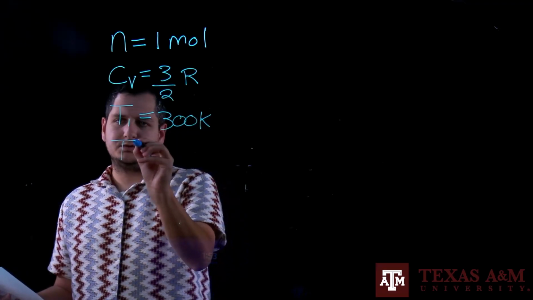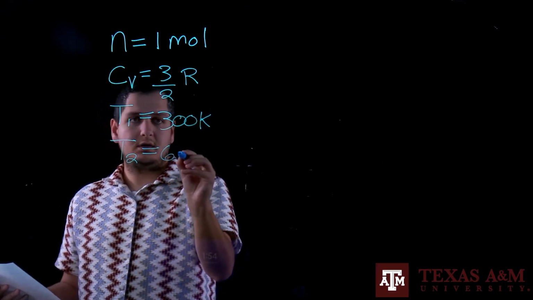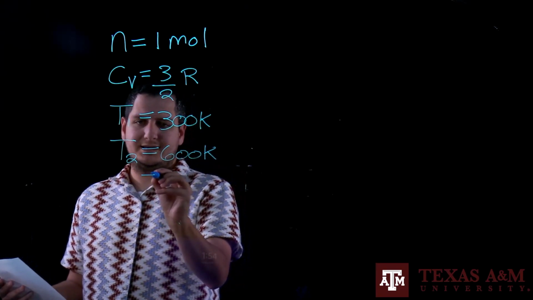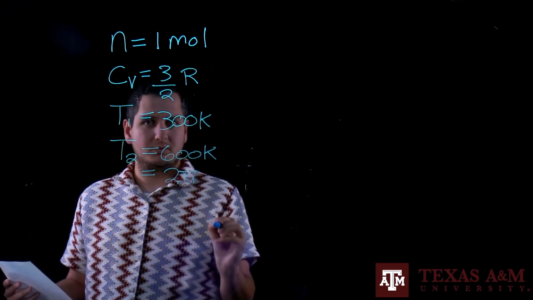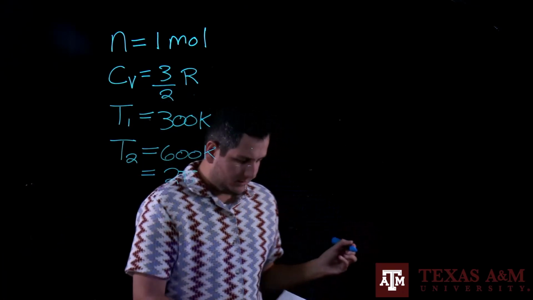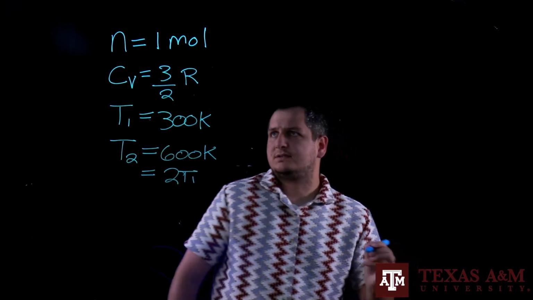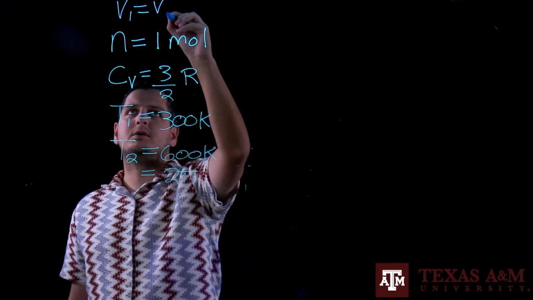We have the final temperature. And for niceness, we can say the final temperature is equal to 2 times T1. Okay? And then we're heating at constant volume, it says. So volume 1 is equal to volume 2.